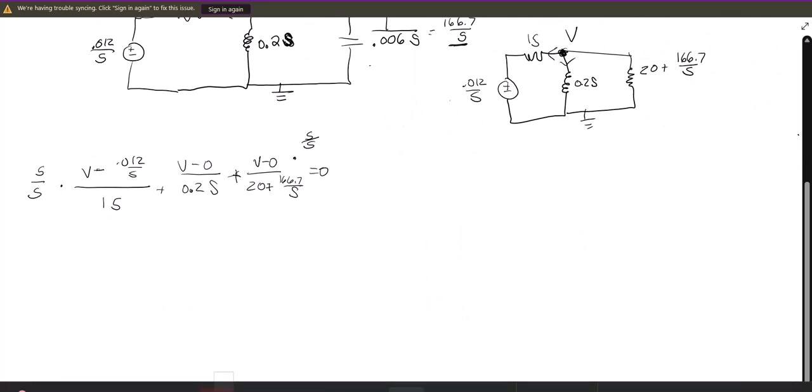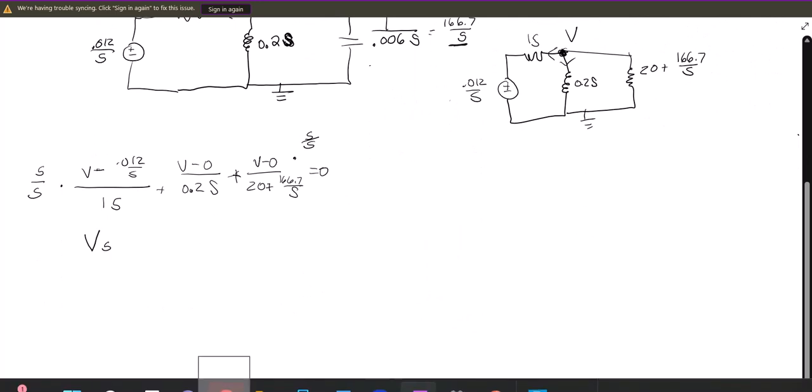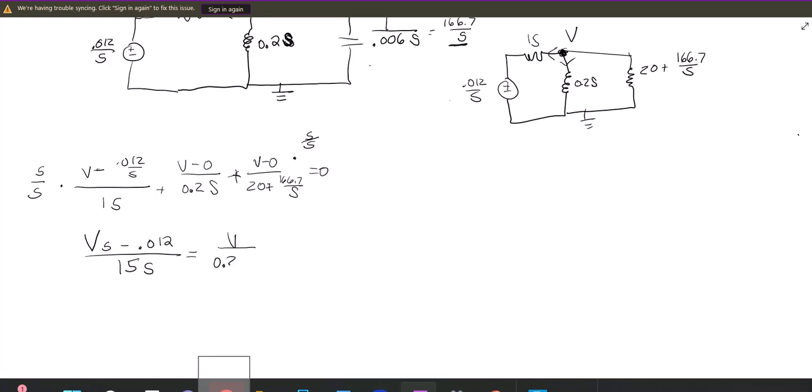And that will give us (Vs minus 0.012) over 15s equals V over 0.2s plus Vs over (20s plus 166.7) equals 0. This was a plus, so I don't know why I put in equals.